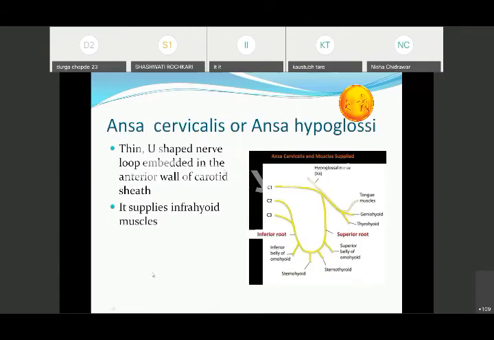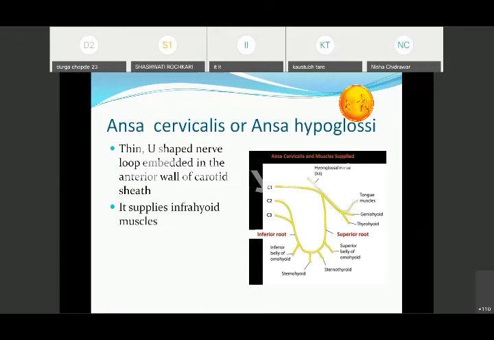We'll see what the ansa cervicalis is. Ansa cervicalis is also called ansa hypoglossi. You see in this figure, it is a thin U-shaped loop of nerves which is embedded in the anterior wall of the carotid sheath, and it supplies the infrahyoid muscles.